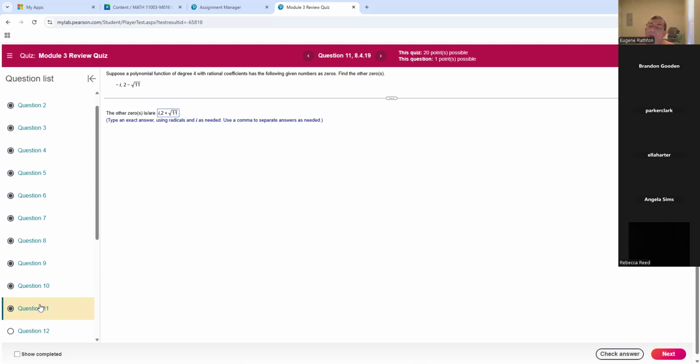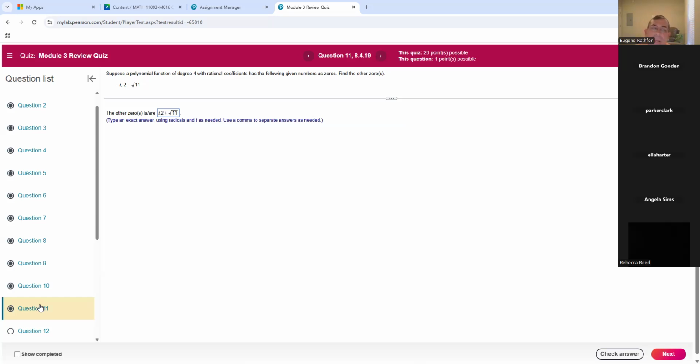Yes. Okay, so here's the thing on this one. For number 11, they're going to give you 2 zeros. What you've got to realize is that you see that negative i? i's always come in conjugate pairs. So if a negative i is a zero, then its conjugate pair, a positive i, also has to be a zero. If you have a negative 2i, then you need a 2i for your answer, okay?